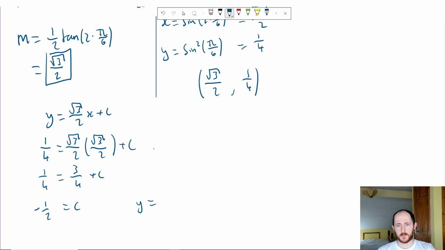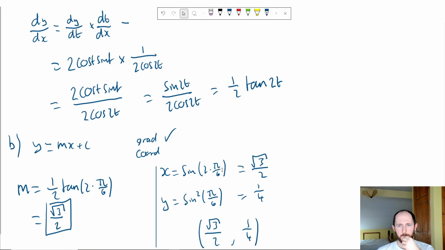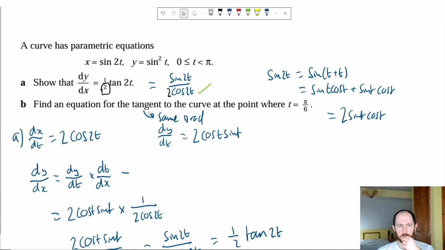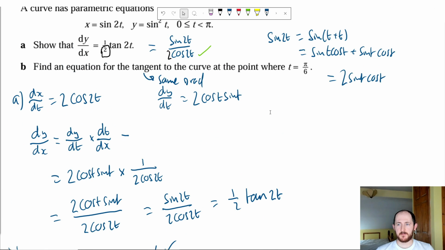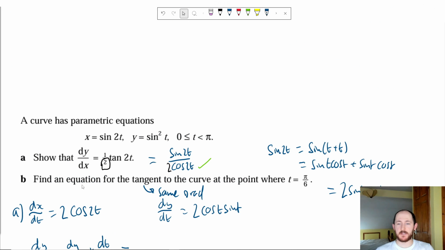So y equals root 3 over 2 x minus a half. Did it say in any kind of form? Nope. So we're all good, and that's all there is to it, to be honest.